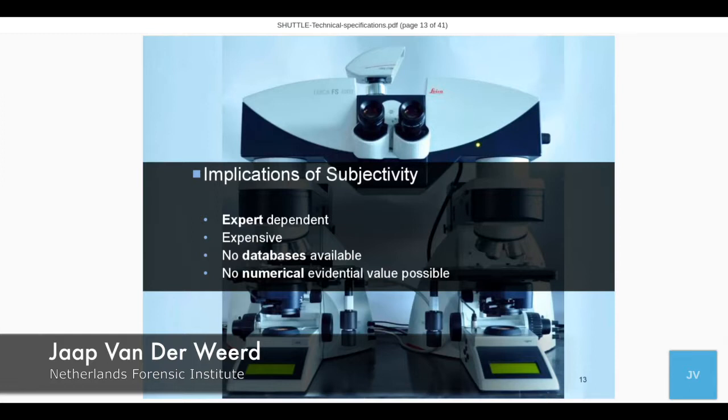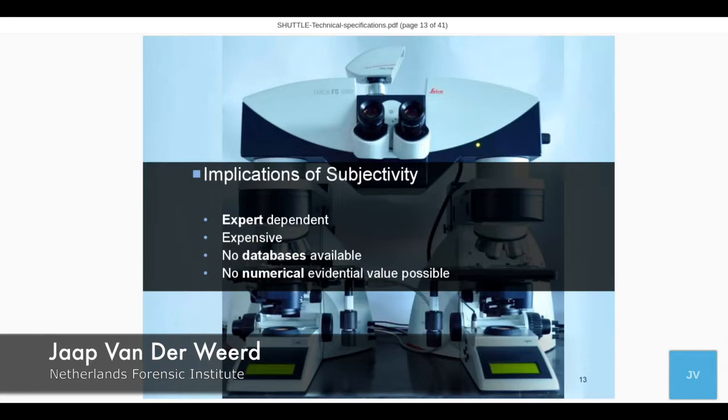Also, because many of the investigations are subjective, with somebody looking through the microscope, it's very difficult to make databases. You could store impressions or observations in databases, but they are not as accurate as people see them.